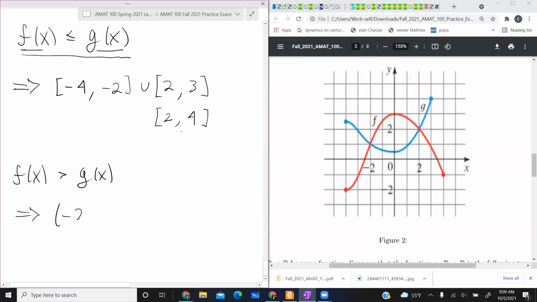So it's got to be between -2 and 2, not including them. So that's the solution for that. So that answers question 10. Now let's move on to question 11.